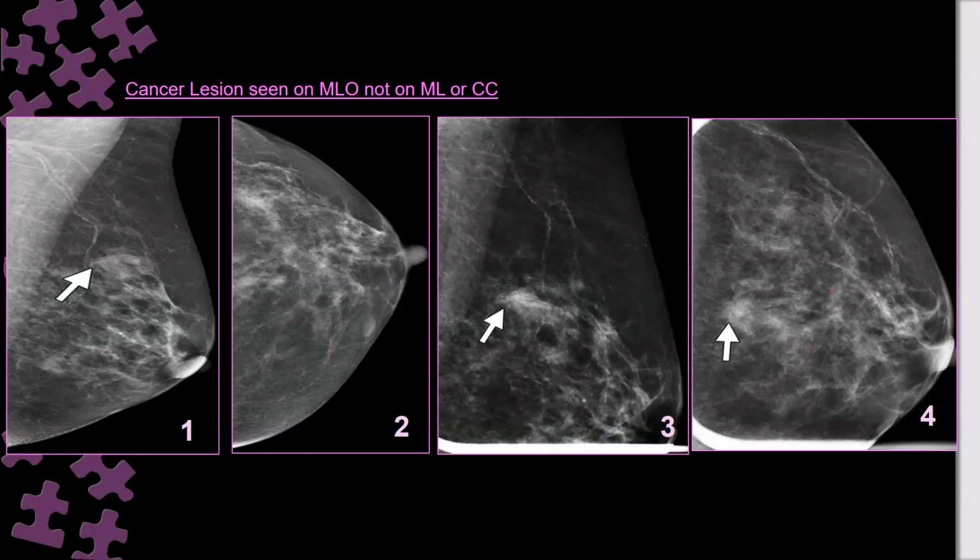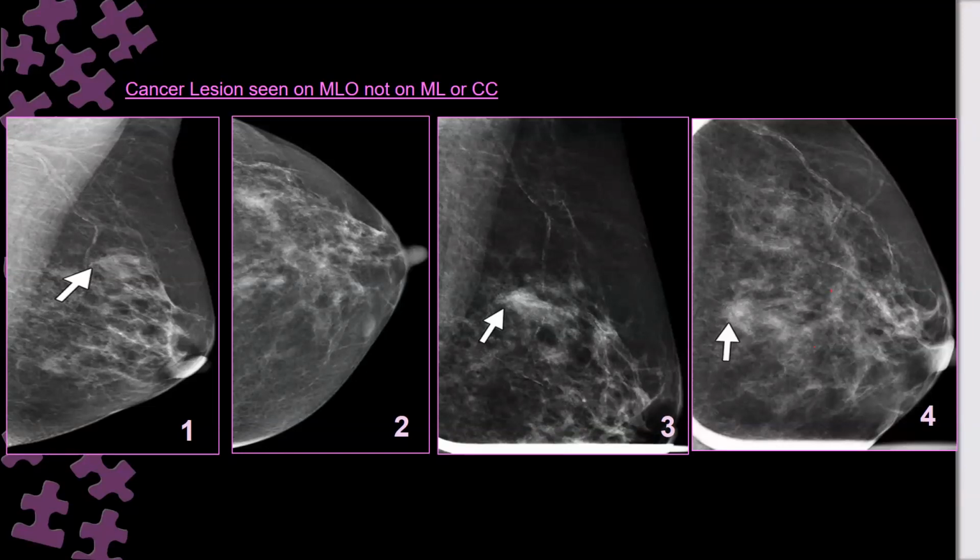Based on what? I think it's a lesion. You think, or you are sure? I think it's a lesion.